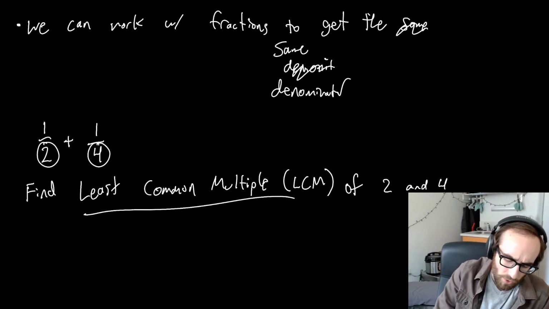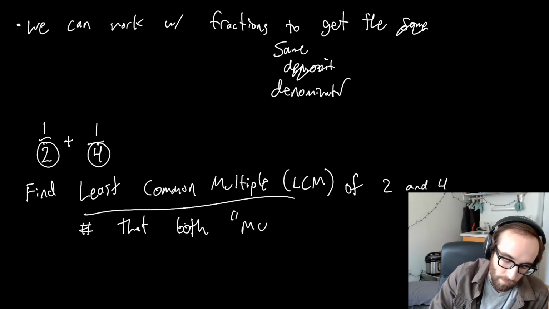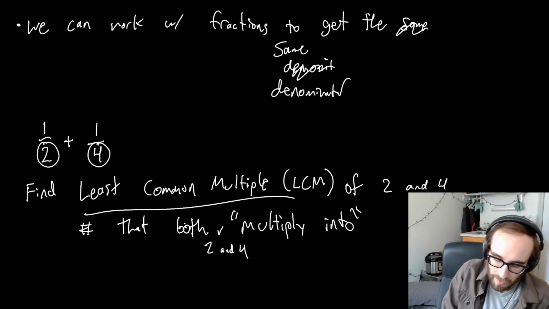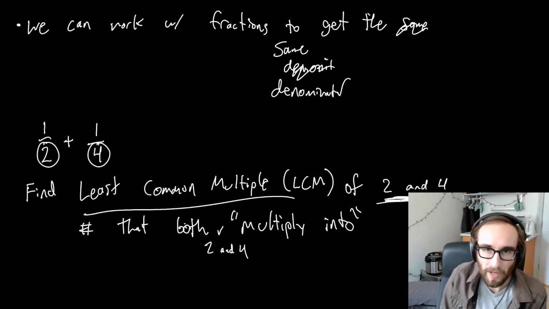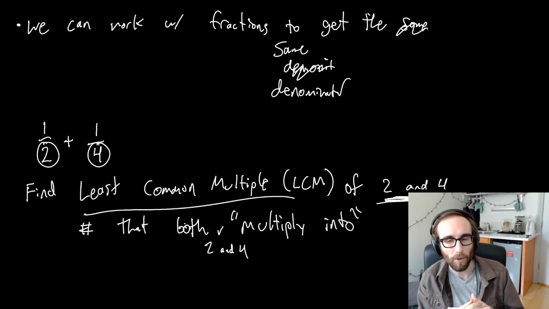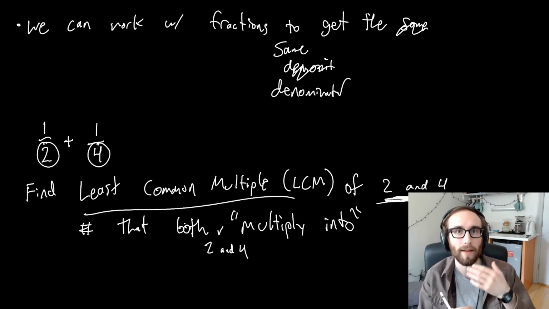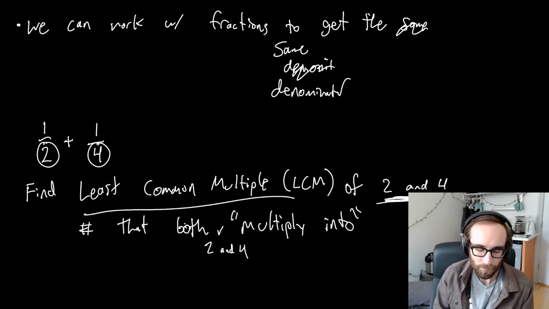Least common multiple just means the number that both 2 and 4 multiply into. So we're looking at the two denominators and we're trying to find what number we can multiply the two denominators by some whole number and end up with that common multiple.